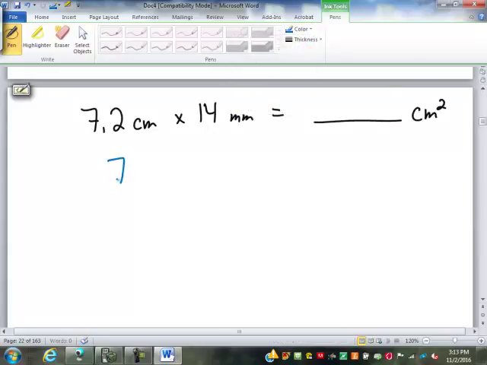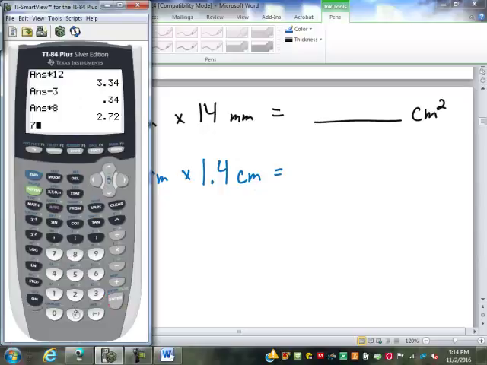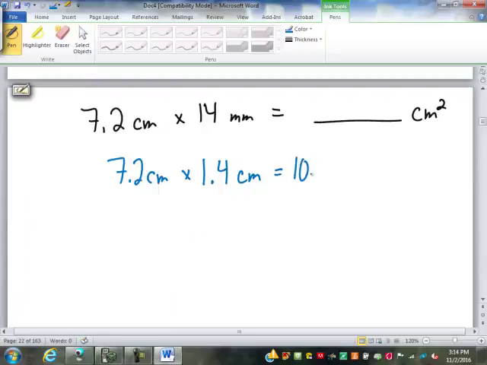So this will stay 7.2 centimeters, times 14 millimeters becomes how many centimeters? 1.4. So 7.2 times 1.4 gives us 10.08. It's going to be centimeters squared.